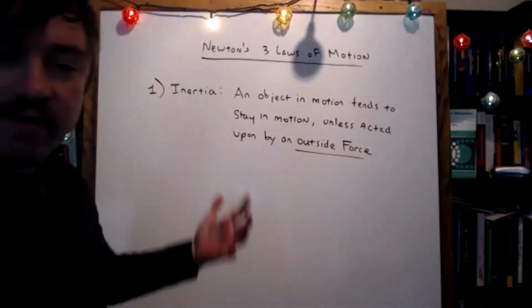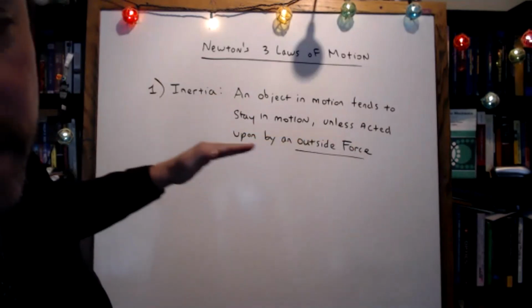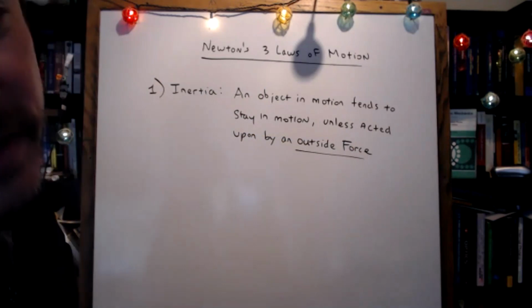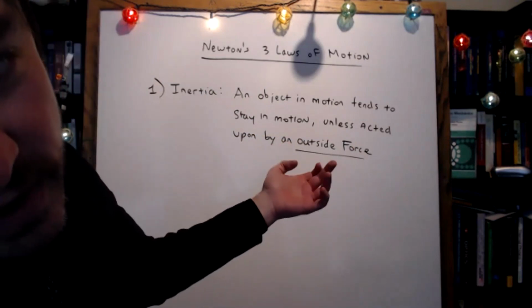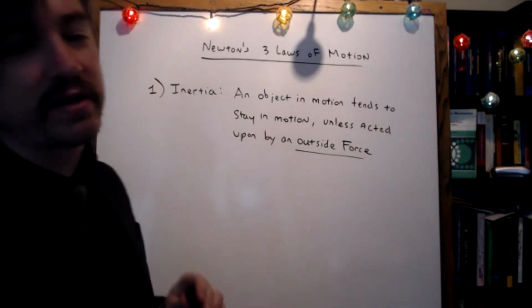So Newton is claiming that objects in motion will maintain a constant motion unless a force changes their motion. This is another way of saying forces are the things that change the motion of objects.